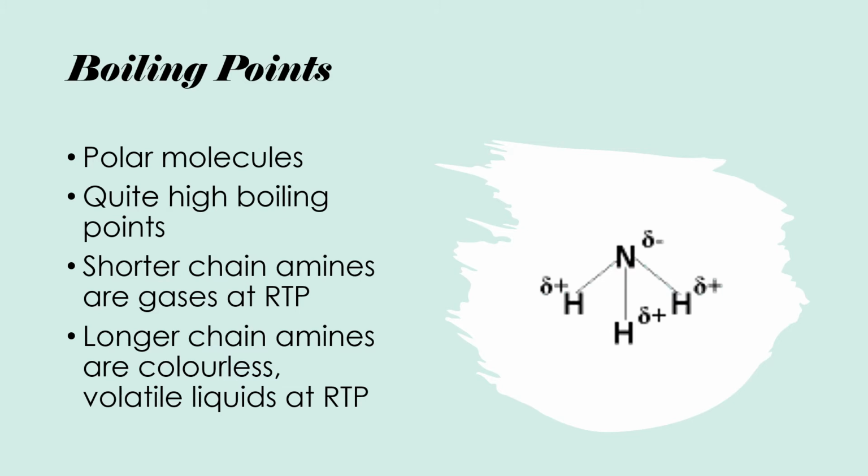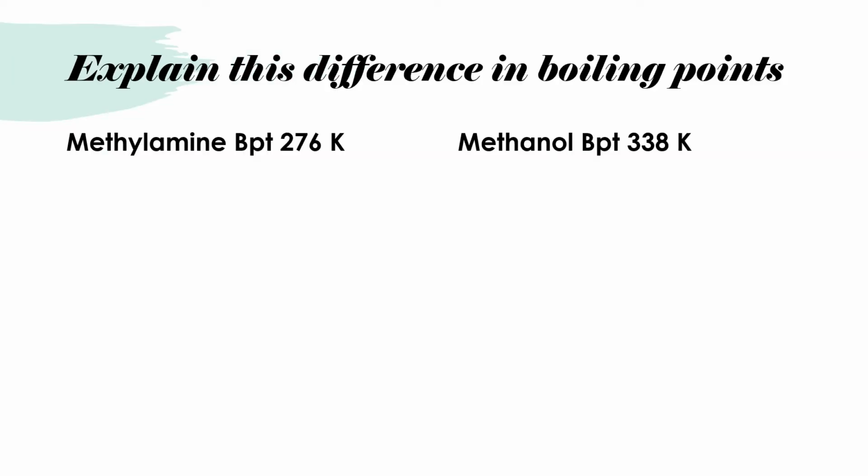However, questions come up more so related to comparing amines to other molecules, and we're going to look at that now. Here's your typical question. Explain this difference in boiling points. So we've been asked about methylamine, and we've been told the boiling point is 278 Kelvin, and then we have methanol with a boiling point of 338 Kelvin.